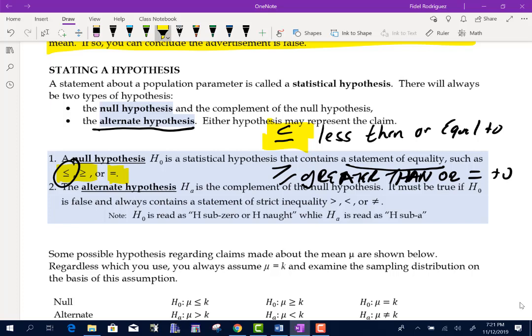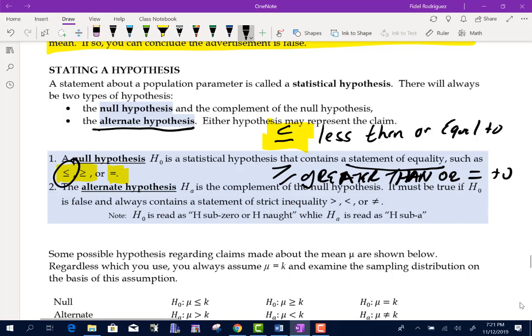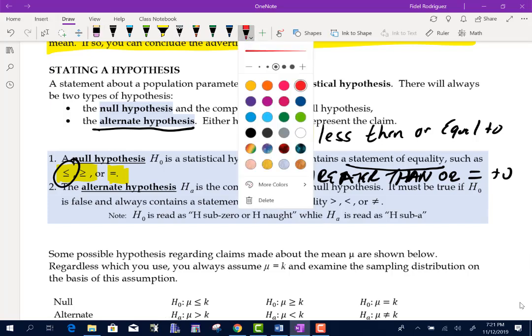So guys, the alternate hypothesis is the complement of the null. It must be true if H0 is false.